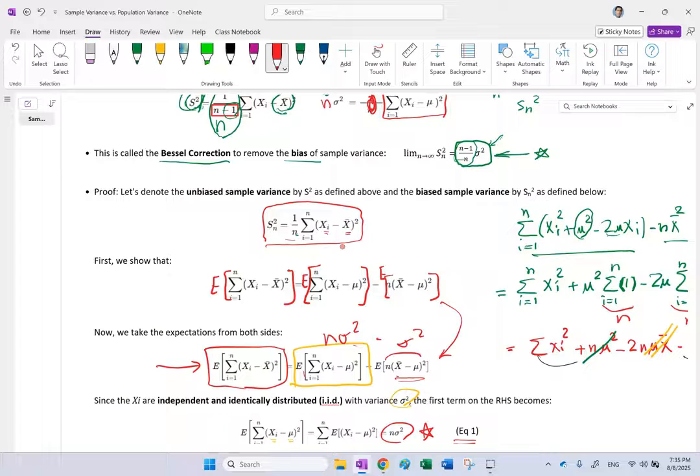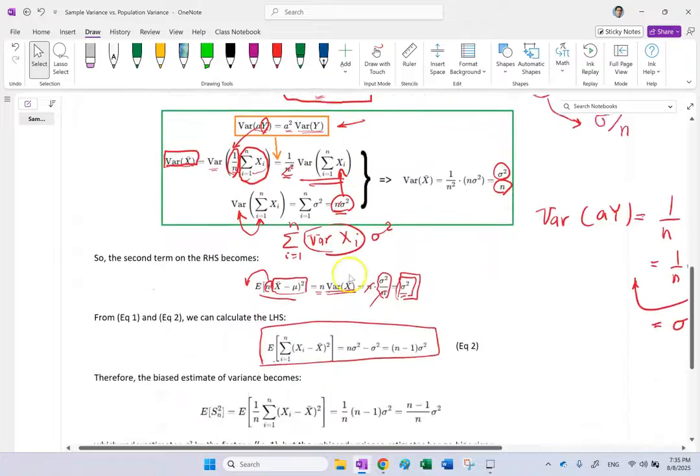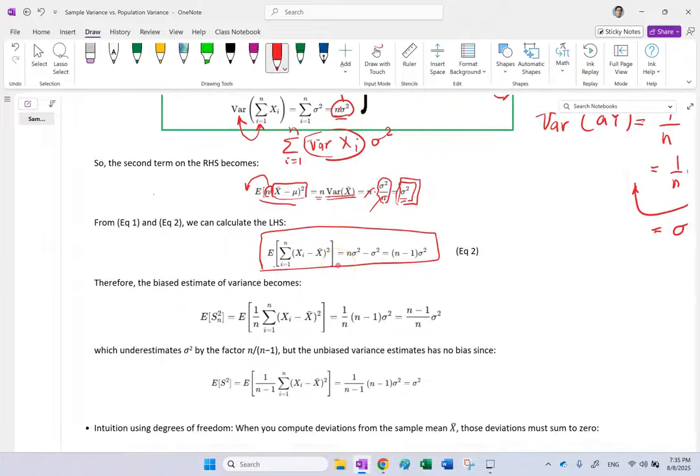And if you look at this left-hand side, which we just calculated, it's basically this one, except for that 1 over n. Everything else is the same. So I can say that this left-hand side is that Sn squared.